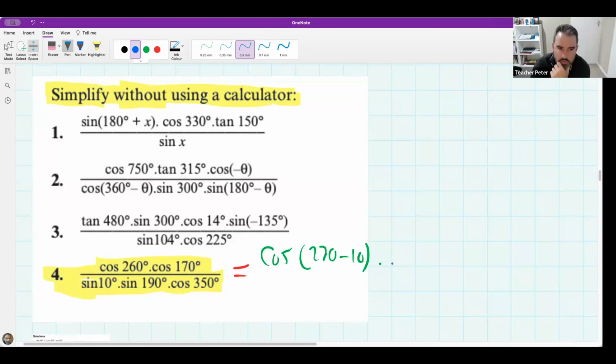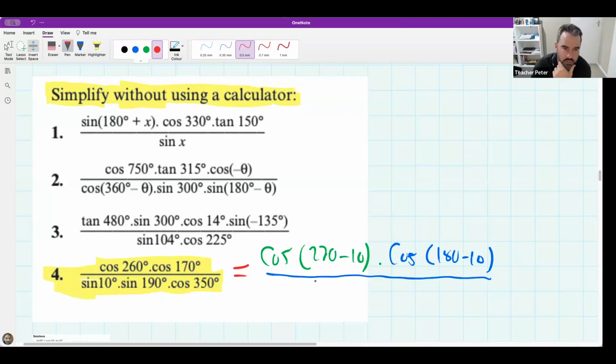There's a couple of ways you can do this one. I'm not saying you have to do it like I'm doing, but let's see what everyone gets.